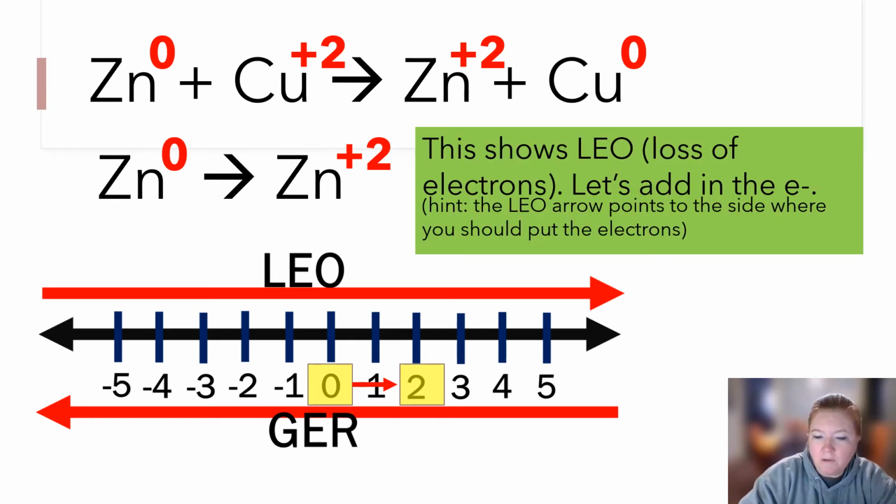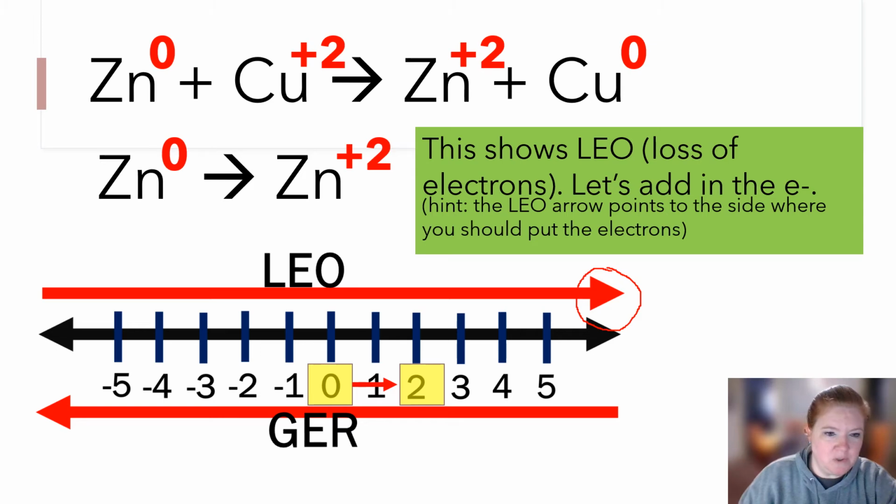So also going from 0 to +2 shows us LEO, oxidation, loss of electrons. So we need to put the electrons where they belong.